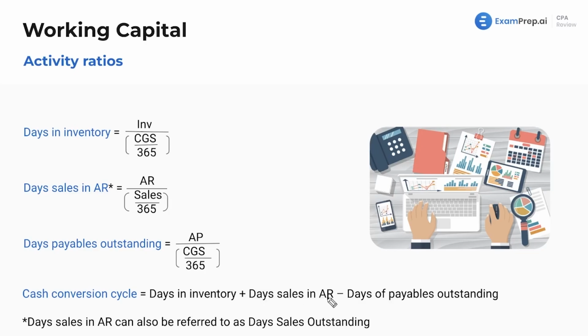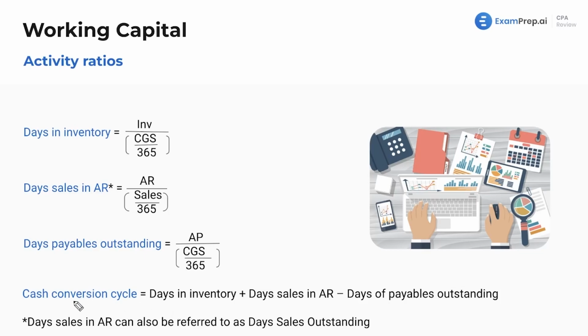Days sales in accounts receivable, again, you want this lower because you want to be able to collect your money right away. Obviously, it's not going to be that low, because you have to wait for people to pay you, it's going to be at least like 30 days. And then days payables outstanding. Now here, you actually want this longer, because the longer your payables are outstanding, the longer you are holding your own cash and not having to pay it out.